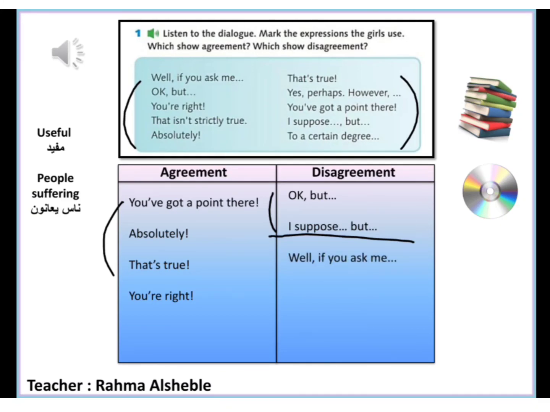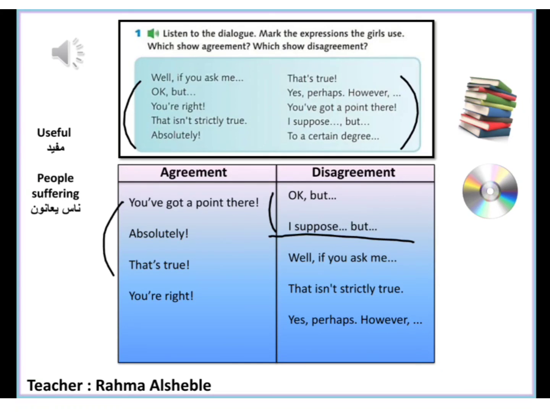One of them is, well, if you ask me, so I have a different opinion here. So disagreement. That isn't strictly true. It means this is not true at all. And it shows disagreement. Yes, perhaps.